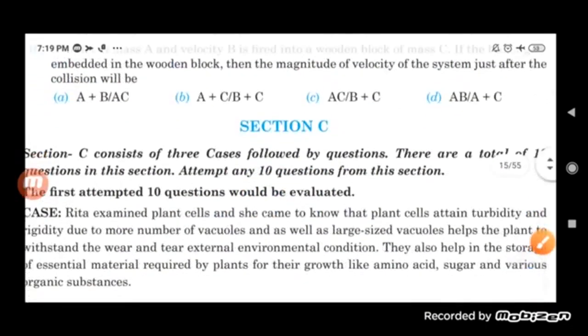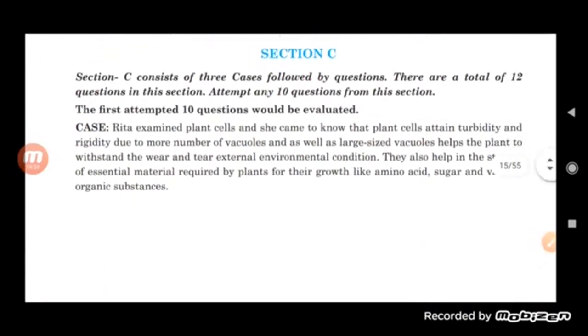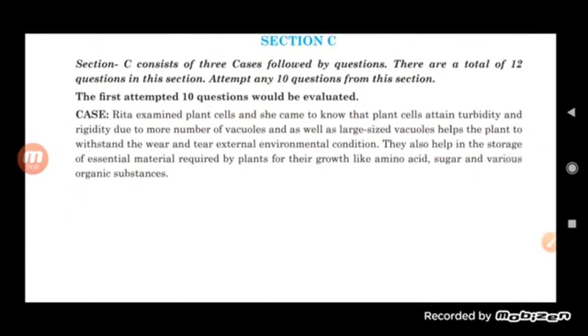Now see here, question section C is there, and you will find there are three cases. And case one is what? Rita examined plant cells, and she came to know that plant cells attain turgidity and rigidity due to a large number of vacuoles, and a large size vacuole helps the plants to withstand the wear and tear of the external environmental condition.